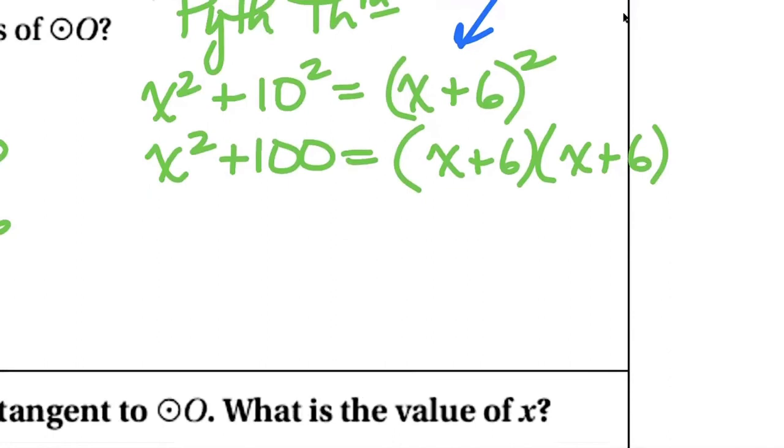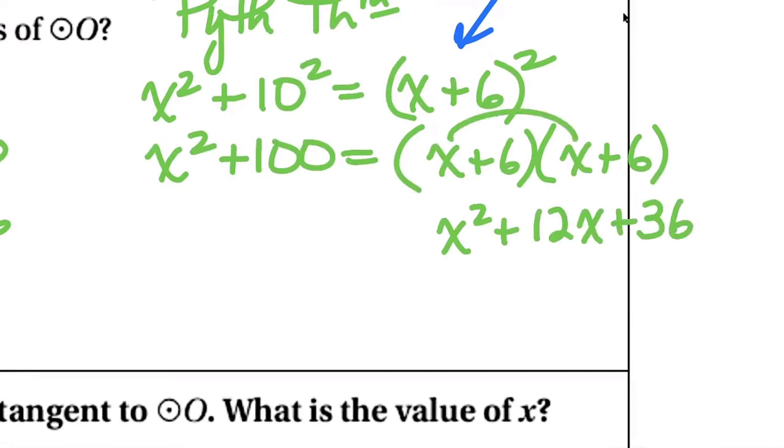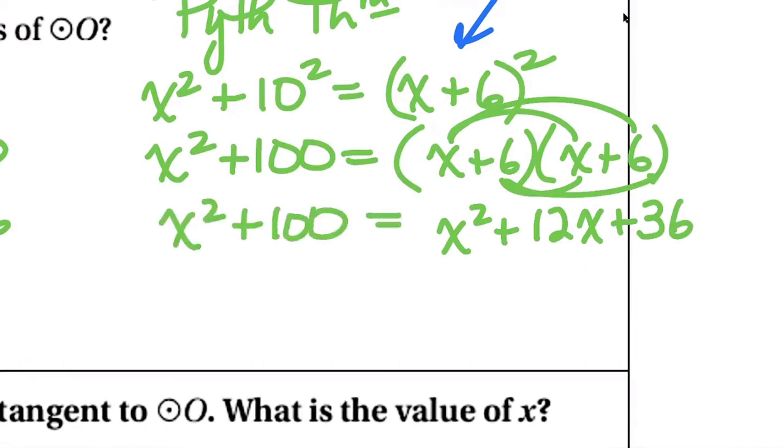So that'll be x squared plus 12x plus 36. X times x is x squared. X times 6 is 6x. 6 times x is 6x. And 6 times 6 is 36. So we have x squared plus 100 is equal to x squared plus 12x plus 36.